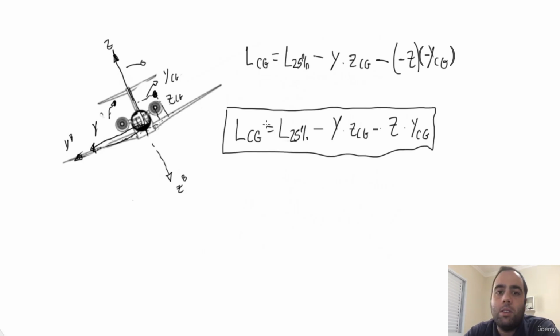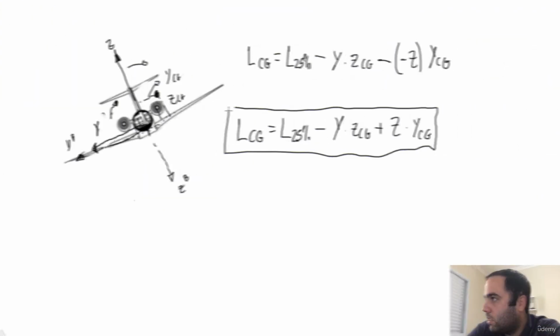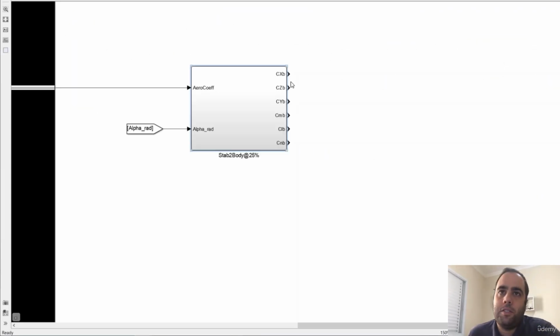Now we implement all these three conversions in Simulink. As we saw, to calculate the forces, we just multiply by the dynamic pressure times the wing area, and for the moments, we also need to correct for the CG.